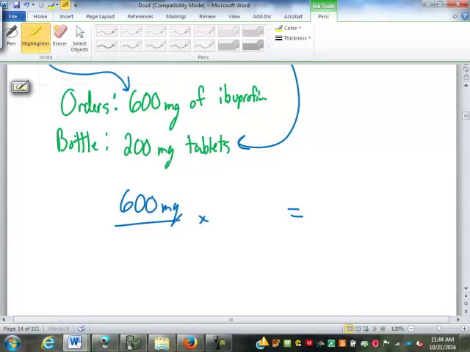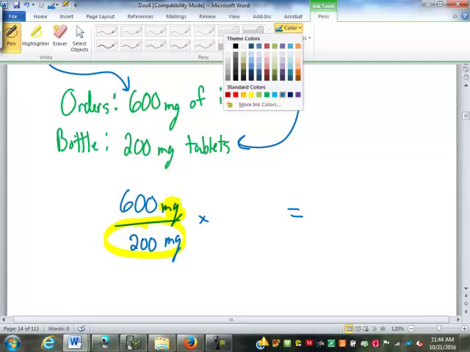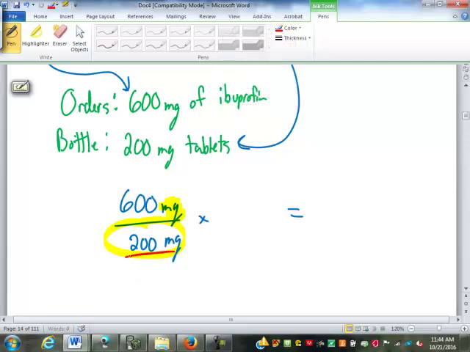Whatever goes down here for the on-hand dose must have the same units as the desired dose. So whatever goes down there has to be milligrams. So looking at the label on the bottle, what's on the label that's in milligrams? 200. So 200 milligrams is our on-hand dose.